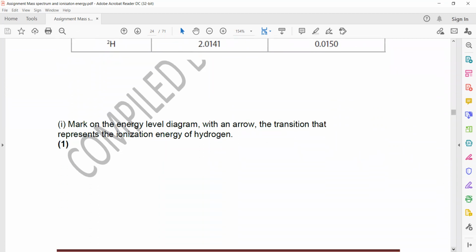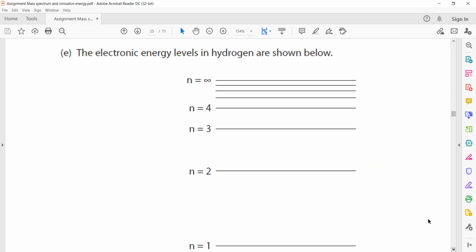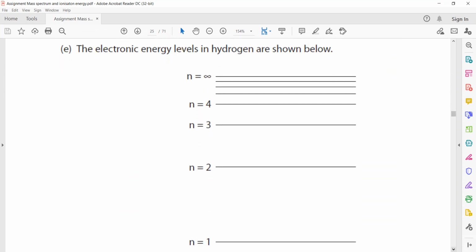Ionization means when an electron is removed from the atom. So infinity means it is outside the atom. And in hydrogen we have an electron in the first shell. So when the electron from the first shell moves outside the atom, we call that ionization. So we have to draw this arrow.